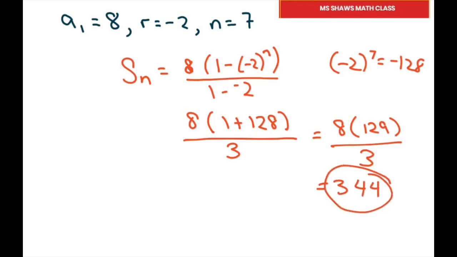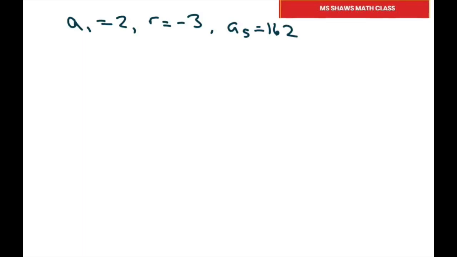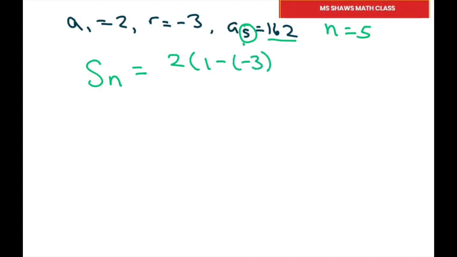Okay. The next one is this one, and we really don't need this number here. We just need to know that our n equals 5, because it's going from the first term to the 5th term, for our formula anyway. So we're just going to write our first term times 1 minus negative 3 to the 5th power, divided by 1 minus a negative 3.